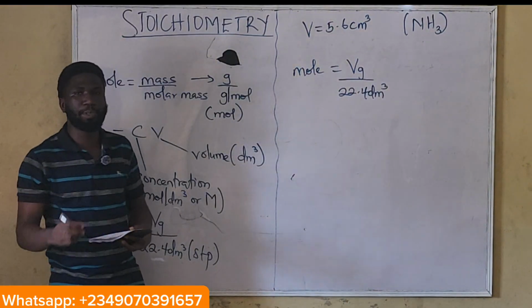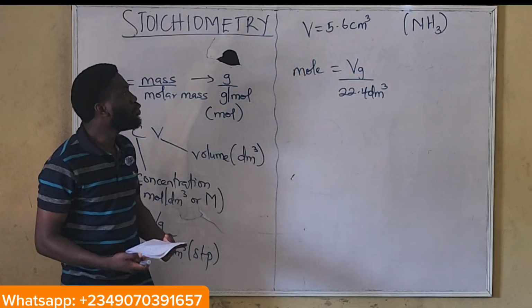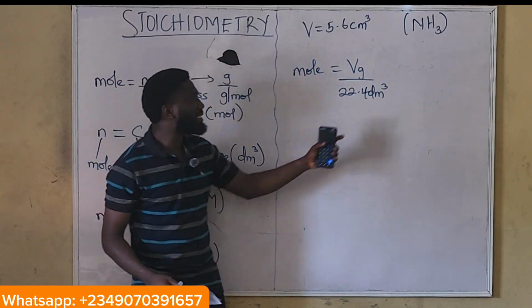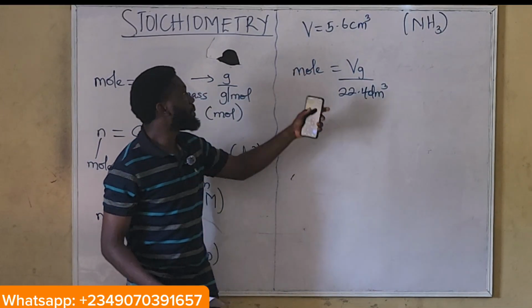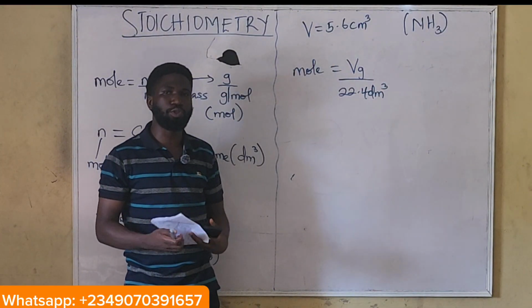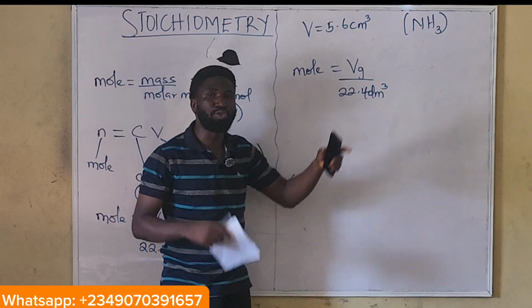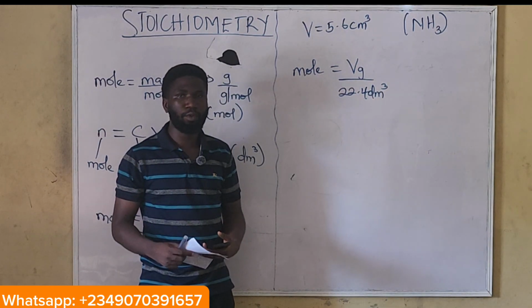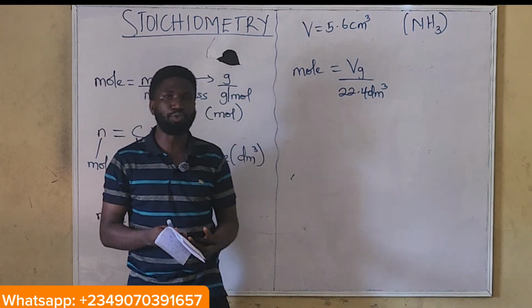Please, you need to be mindful of one thing. The volume of the gas at STP is in dm cube, but the volume given to us is in cm cube. So what do we need to do? We need to change cm cube to dm cube.